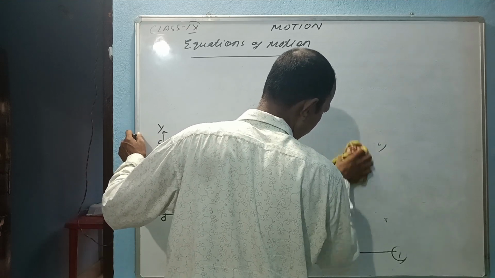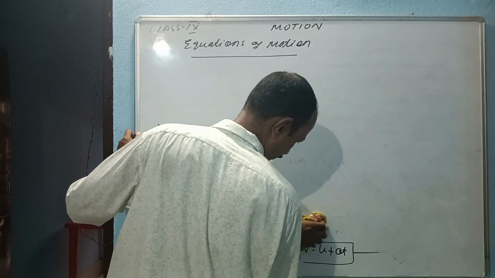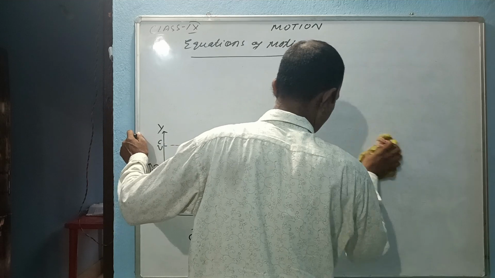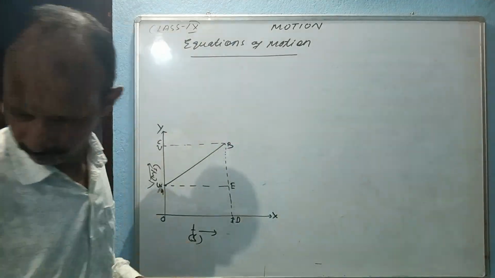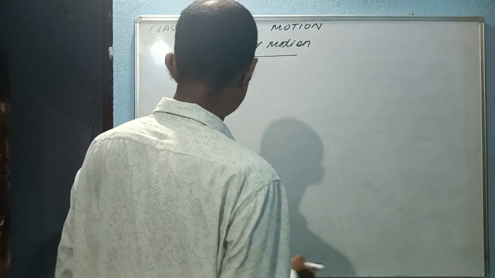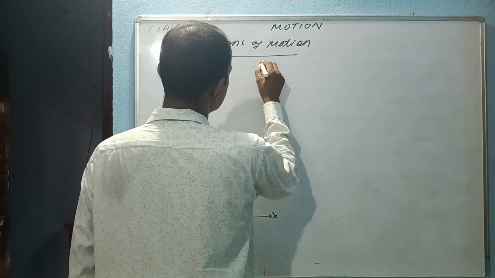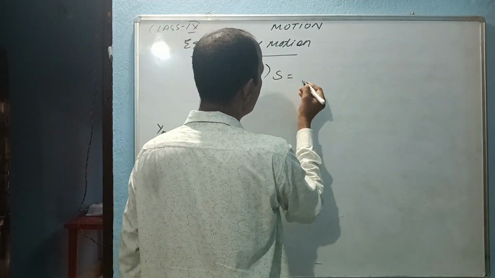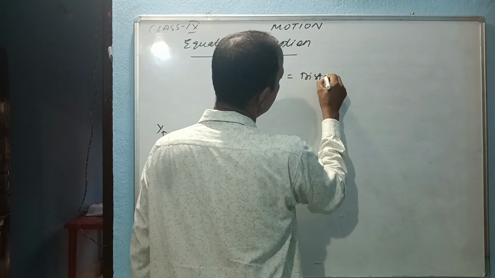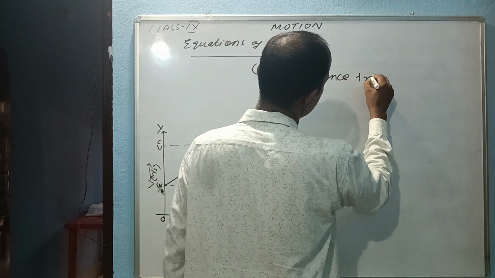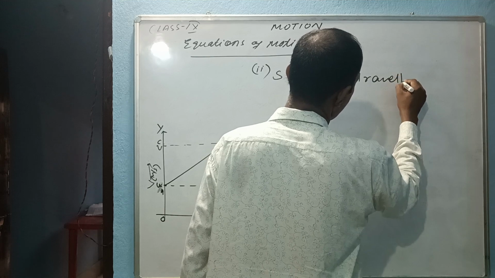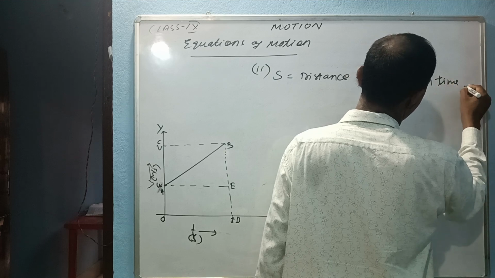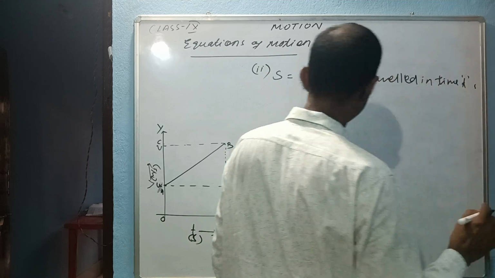This is the motion in one dimension. See here, second one. What is the second one? S equals the distance traveled in time t seconds.